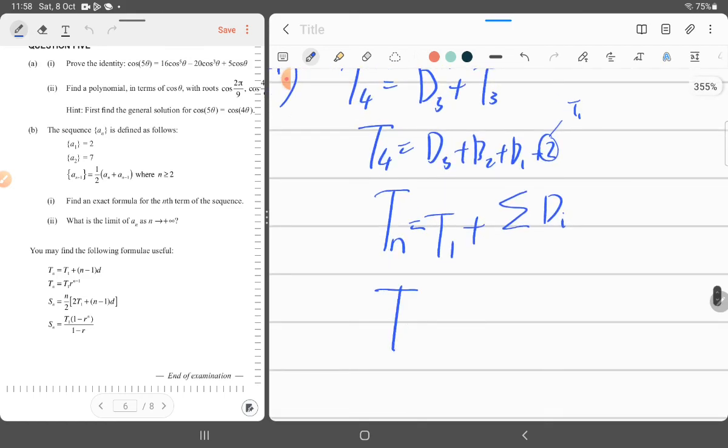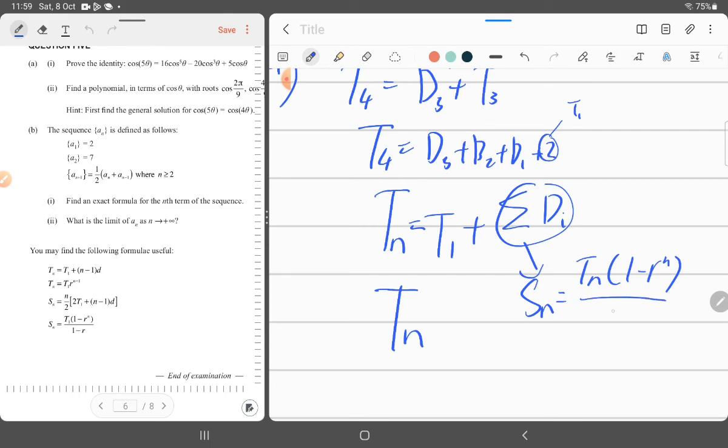And then this sum is a geometric series, which is equal to S n is equal to t1 brackets 1 take away r to the power of n all over 1 take away r. This is what essentially happens.